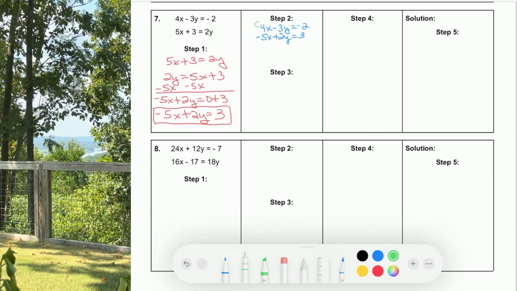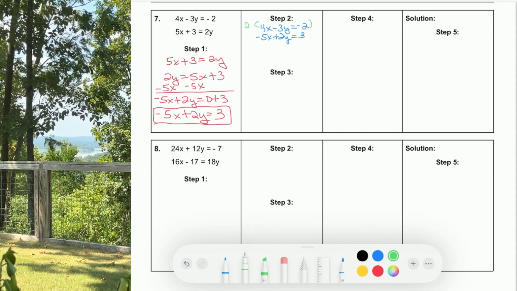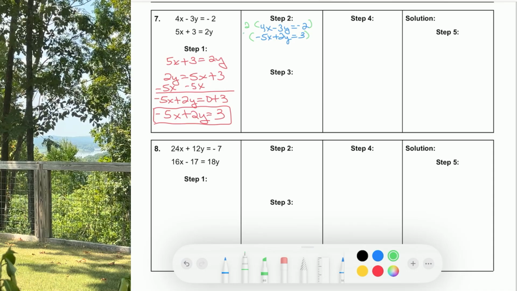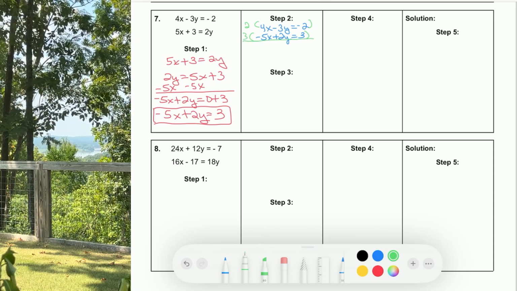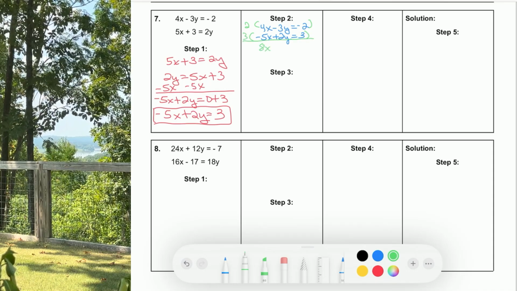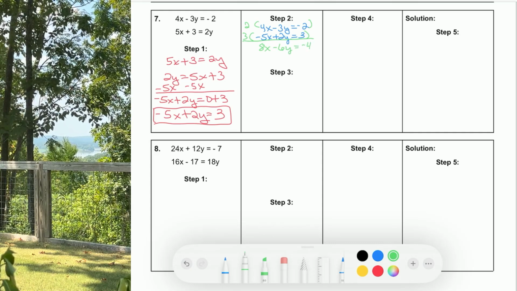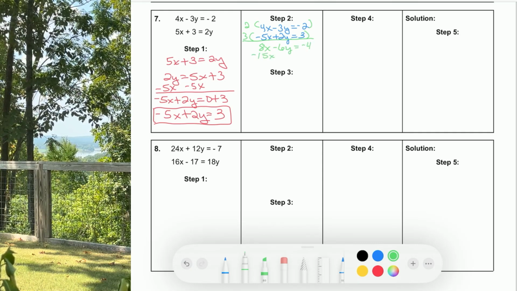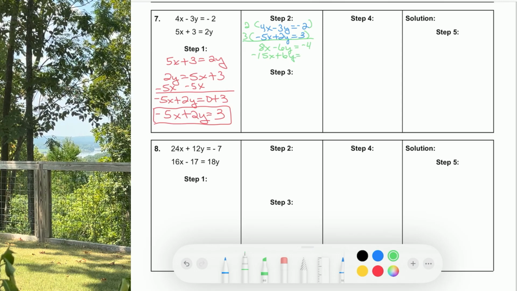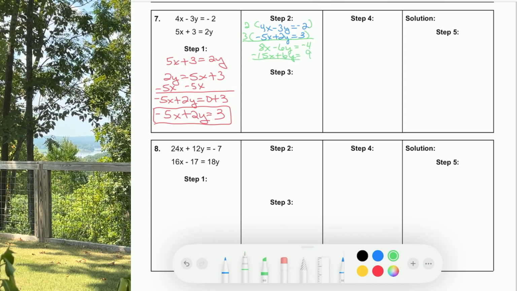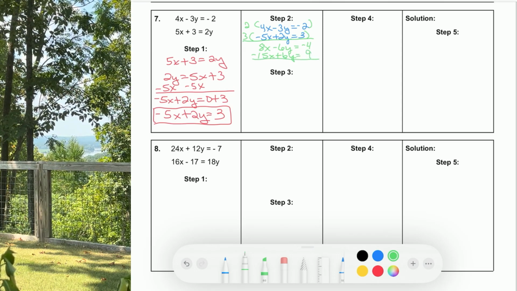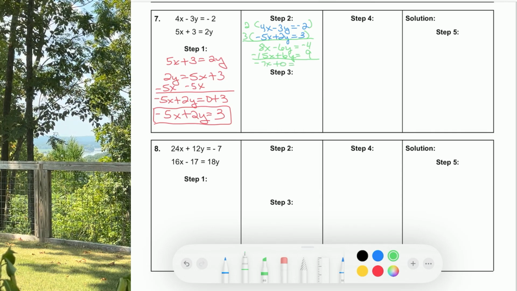So I'm going to multiply my top one by 2, and my bottom one by 3. I get 8x minus 6y equals negative 4. Then I get negative 15x plus 6y equals 9. Add these two equations together. I get a negative 7x plus 0 equals a 5.